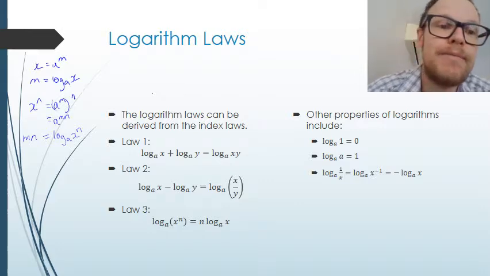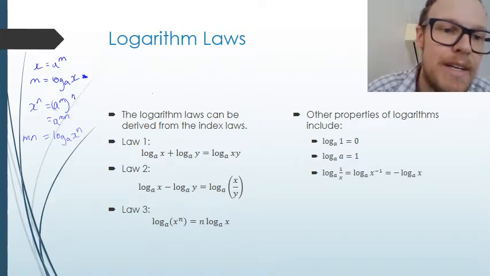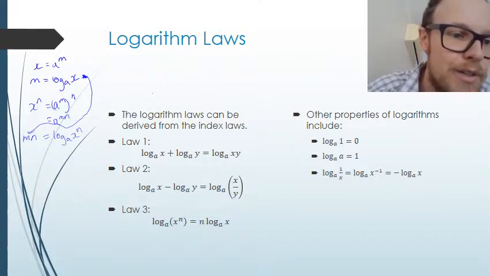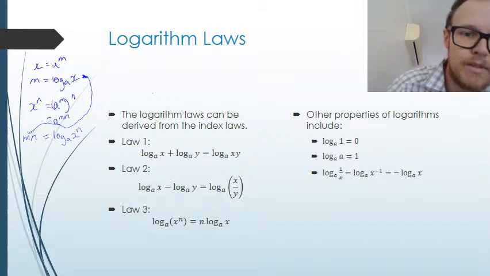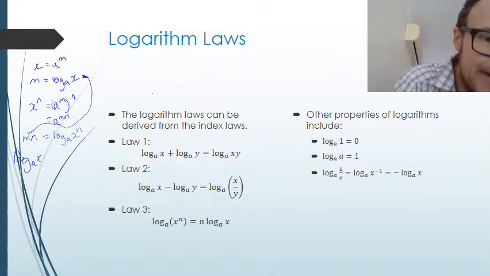Now I can take my reworking of my original definition, x equal to a to the m, and substitute in for m down here, and I get log to the base a of x times n is equal to log to the base a of x to the power of n.